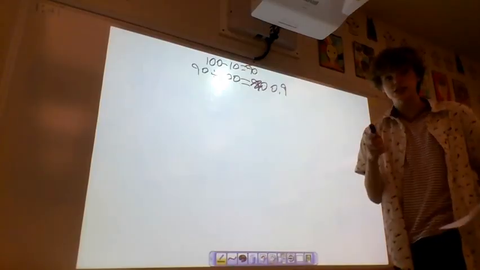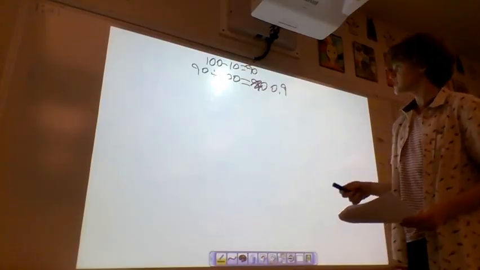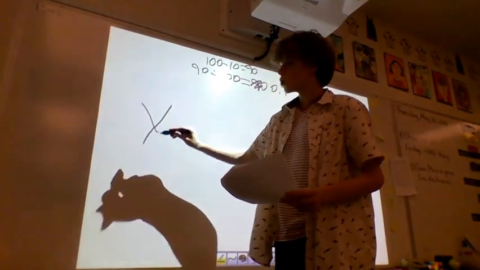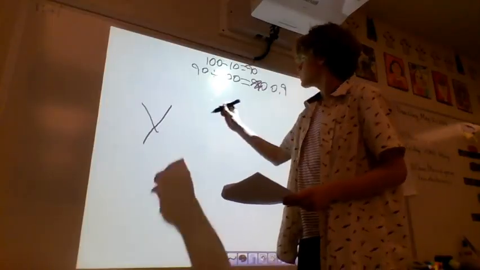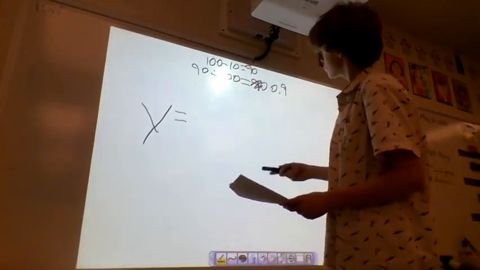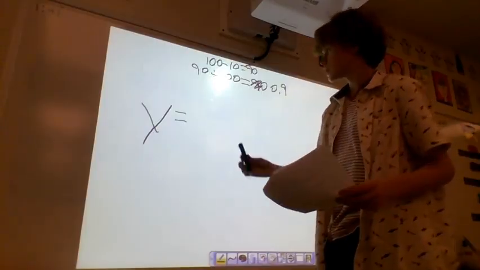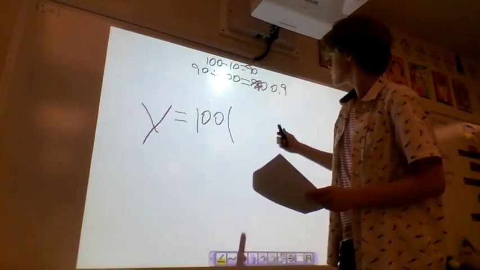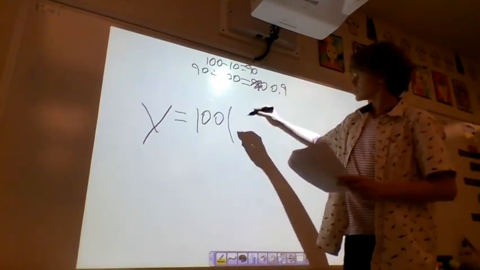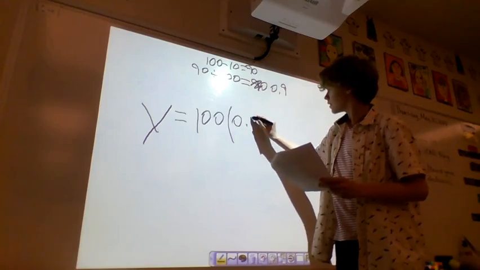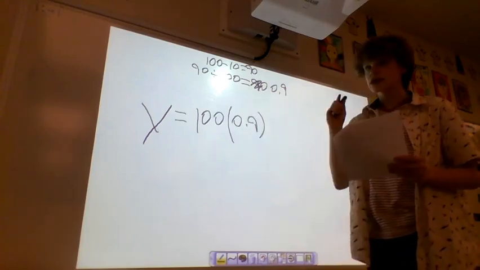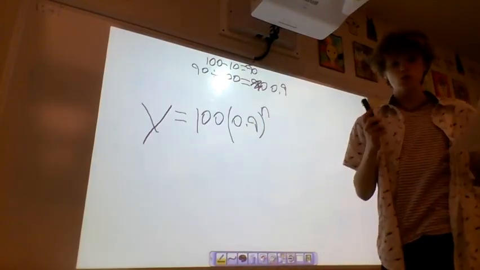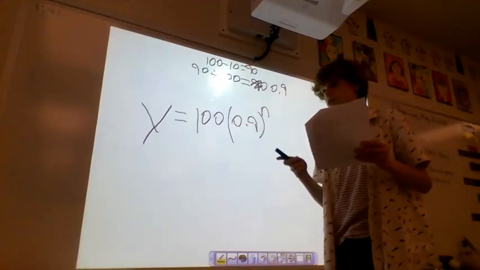So to make this equation, you would make it y, or the amount of money, equals the initial value, so 100, times the ratio, 0.9, times n. So what is 0.9 times 10?